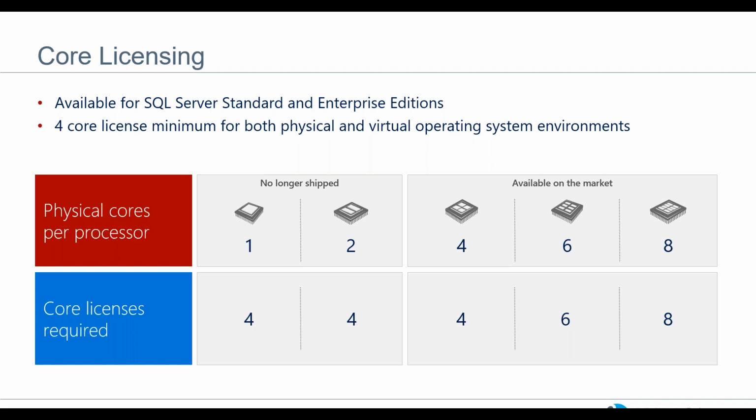So if we look at the scenarios here, if we have a virtual machine or a physical host with 1 core, the license requirement would be 4 cores, whether that is Enterprise or Standard. And as we go from left to right, no matter the number of cores on that processor or virtual machine, we need to make sure they are covered correctly from a compliance standpoint.